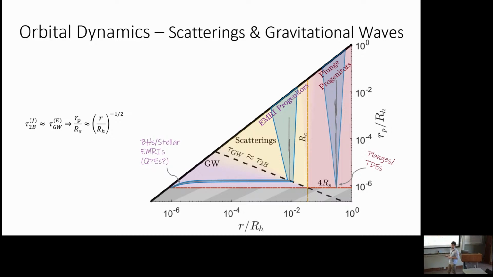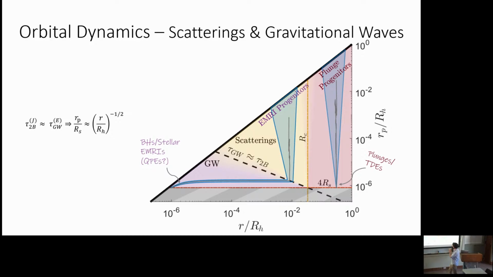That would be the first division. And the second one, the red line, gives us some minimal distance an object can reach. That would be a destructive bound. For stars, it would be the tidal radius. For black holes, it would be the most bound orbit. And below it, no orbits reside.